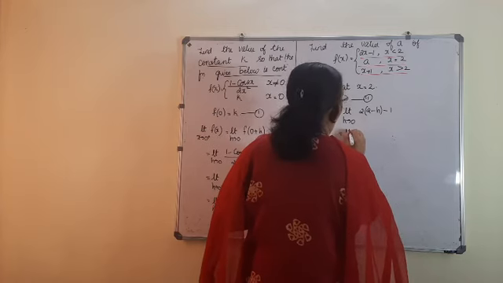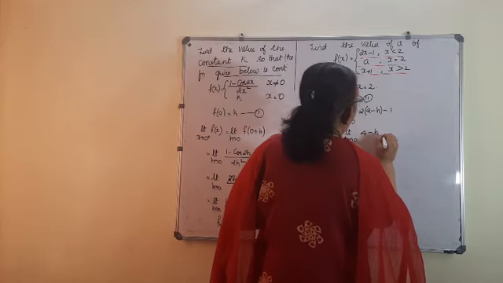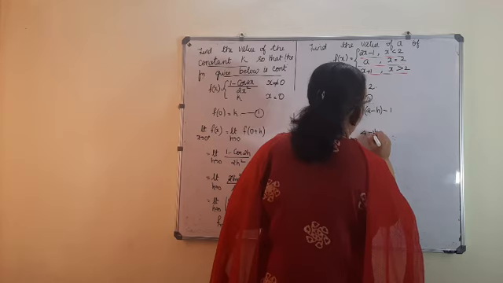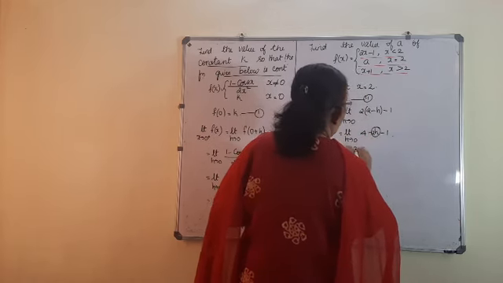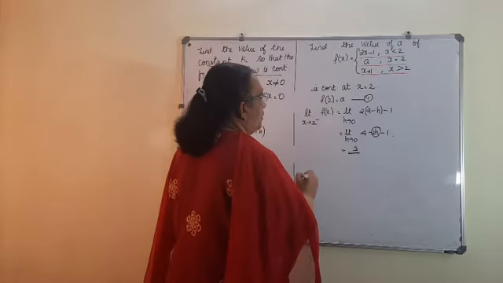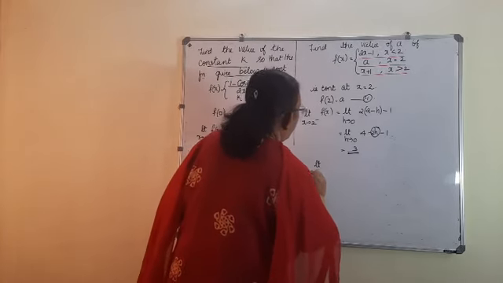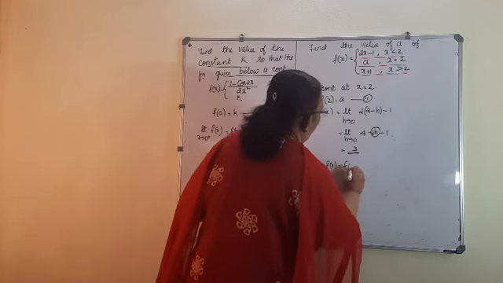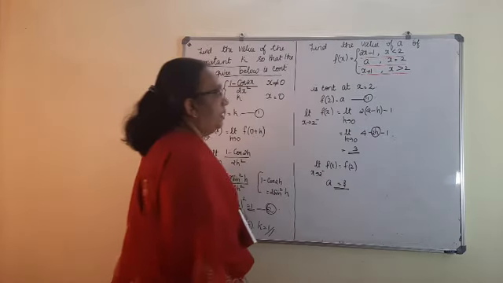That is limit of h tending to 0, 4 minus 2h minus 1, and that is equal to 3. But we know that since it is continuous, limit x tending to 2 minus f of x is equal to f of 2. That is a is equal to 3.